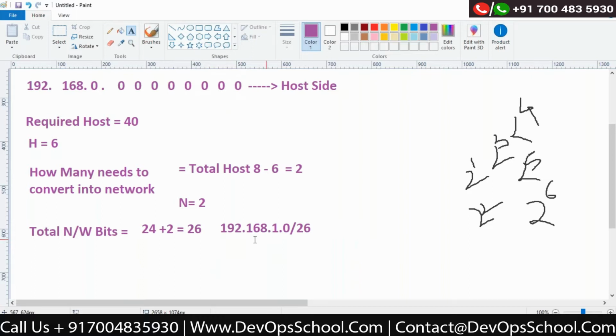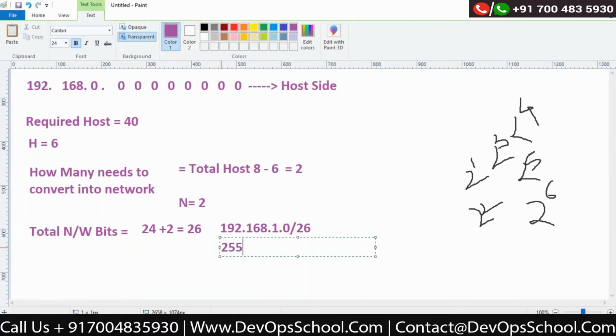Okay, that's great. So I can start doing the subnetting. That's fine. Then what is the subnet mask for this? Now what is the default subnet mask? 255.255.255, correct. This is 255, this is 255, this is 255. But now these last 2 bits are also converted into the network. Am I right? Correct.